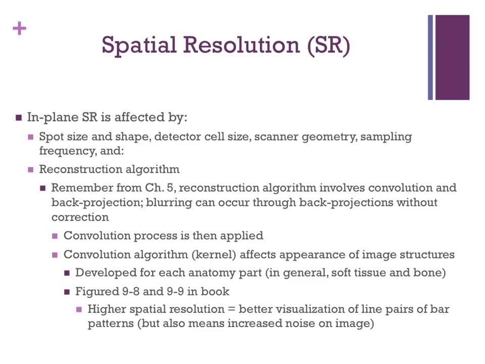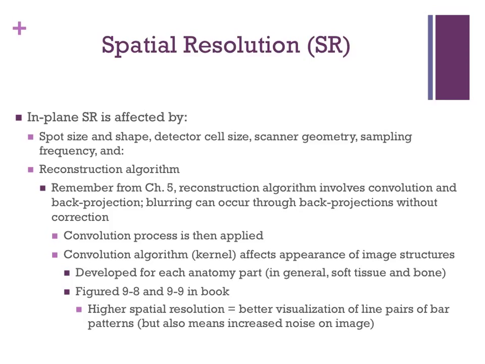The convolution algorithm, or the kernel, affects the appearance of image structures, and there are convolution algorithms developed for each specific anatomic application. In general, they are applied to emphasize soft tissues and bone.